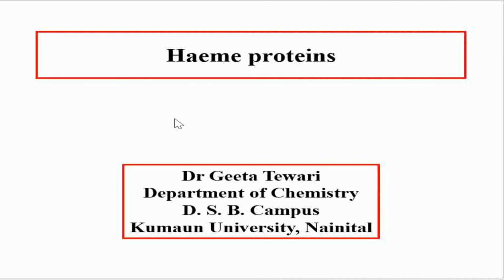Now, concluding the lecture, in this lecture we have discussed the heme protein, that is an enzyme, and that is cytochrome P450, and that cytochrome P450 is a monooxygenase enzyme. As this is a monooxygenase enzyme, it adds one oxygen atom to the organic substrate from the oxygen molecule, and we have studied its structure, its location, where it is found in the body.